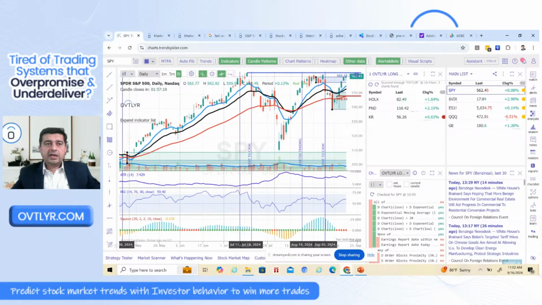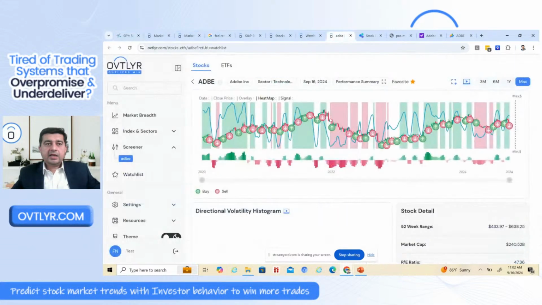Okay, coming back to my analysis here on Adobe. So, heat map, oscillator. The oscillator is something that I look into to gauge which way the price is headed in the near future. When this oscillator is changing direction and falling downward, right, I would like to stay out of the market if possible.